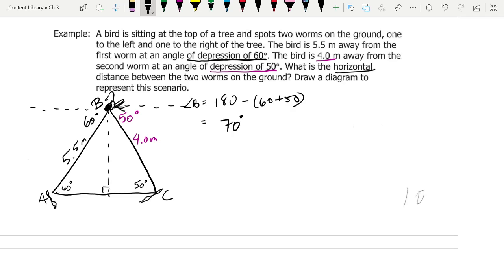So the problem is once again going to be sine law, because I want to know the distance between them, which I'm going to call side B. C is this one, A is that one. And again, it doesn't matter which side I use, I'll use A this time. So B over the sine of B equals A over the sine of A. So B over the sine of 70, which we just figured out, equals A, which is 4, over the sine of A, which is this 60.